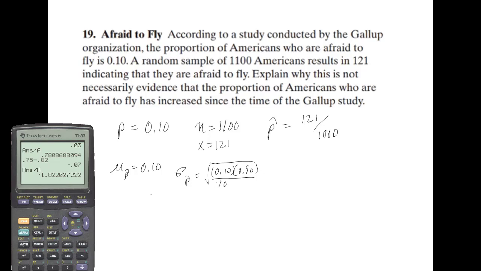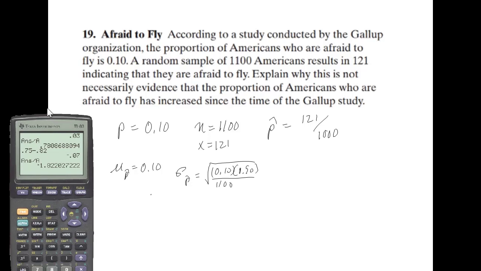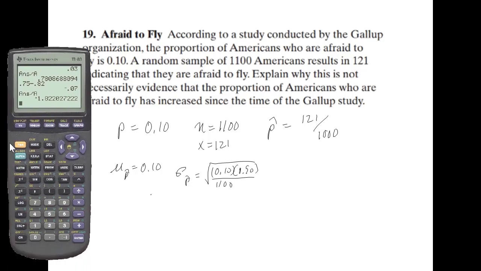That's going to be a small number. All right, so let's take this guy up here and go square root of 0.1 times 0.9 divided by 1100. Oops, 1100. All right, so get that number. So that's going to be equal to 0.0090. That's good enough.